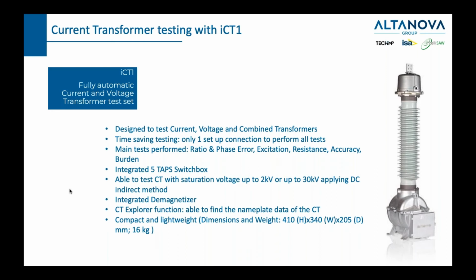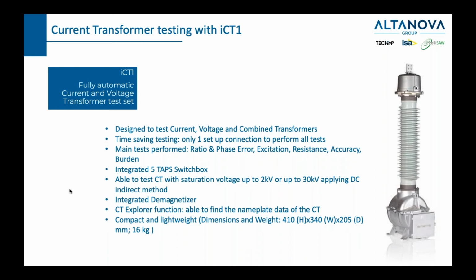The main tests that this device performs are ratio and phase error, excitation curve or the knee point voltage, resistance, which is winding resistance, accuracy, burden, etc. This device has an integrated 5 taps switch box, and it is able to test CTs, and this is important, with saturation voltage up to 2 kilovolts using a 50 Hertz signal.